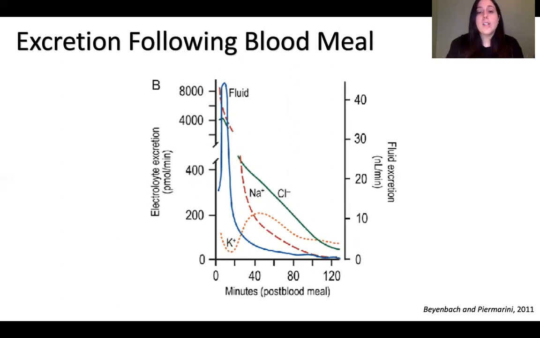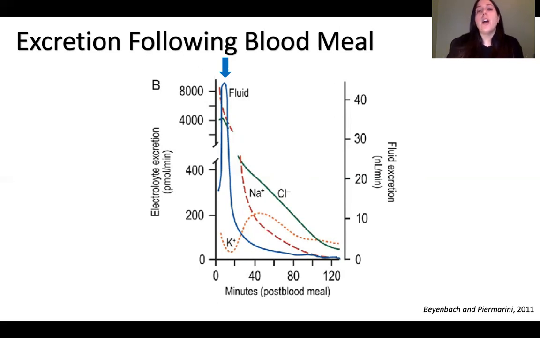So looking at this graph here from Aquaporin in 2011, they looked at excretion following a blood meal. Indicated by the blue arrow here, we have a graph showing the fluid excretion. And as we can see at 0 minutes on the x-axis, the y-axis is not at 0.